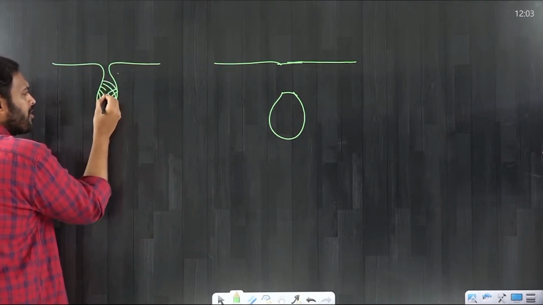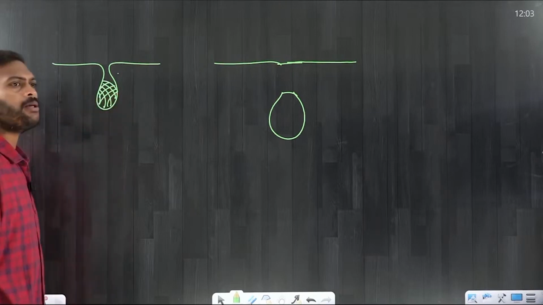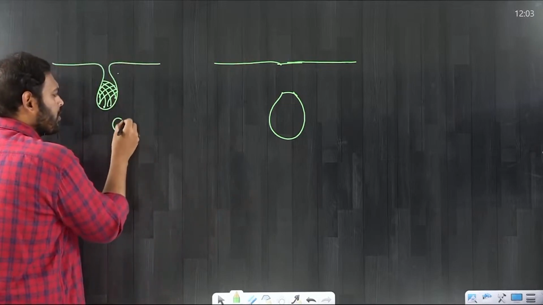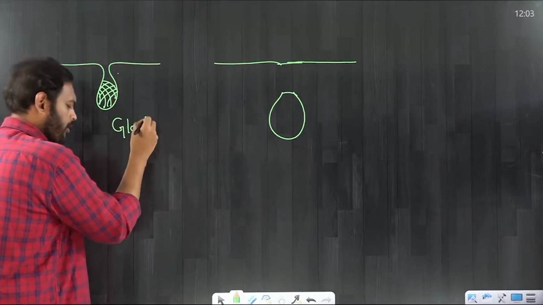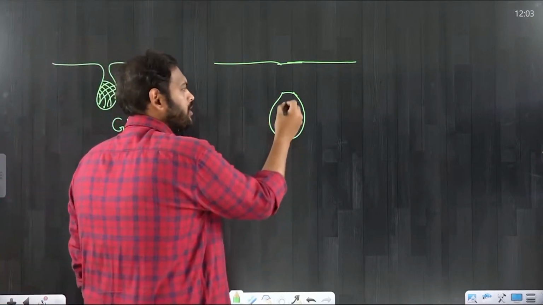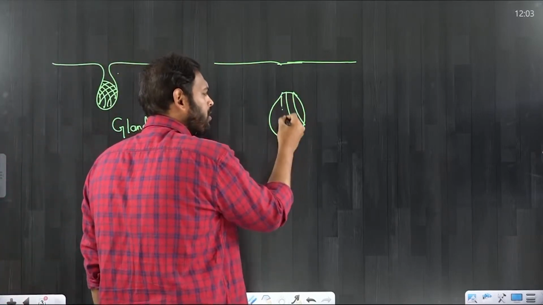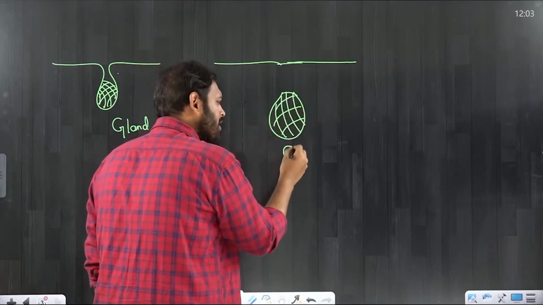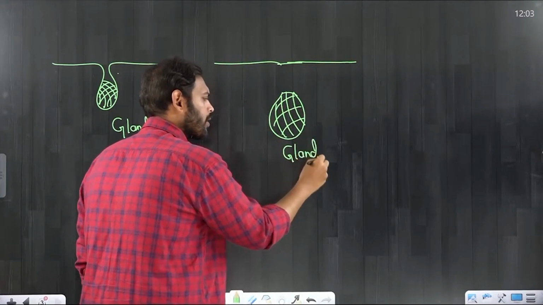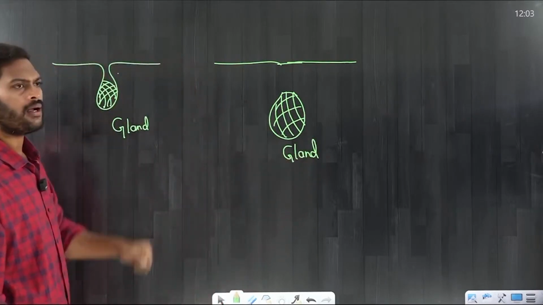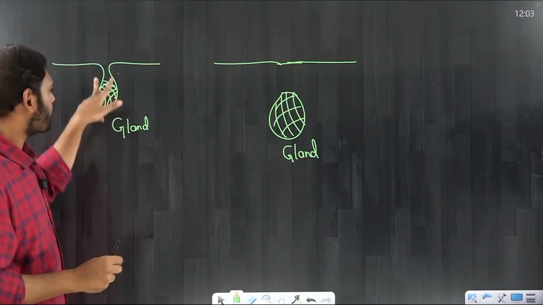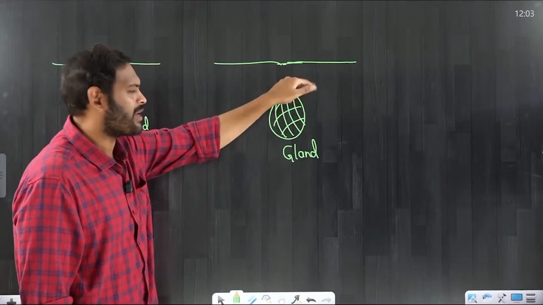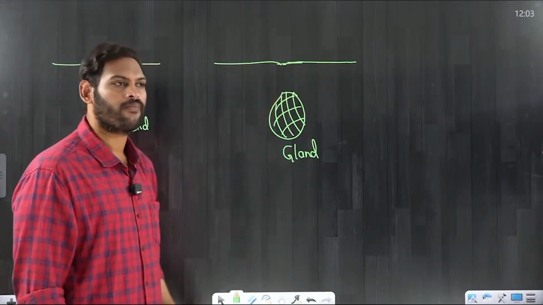If an organ is performing a secretory function, it can be referred to as a gland. This is a gland. Even this part can also secrete some chemicals. This is also considered a gland. But this gland is still connected to some layer, and this gland is not connected to any layer.